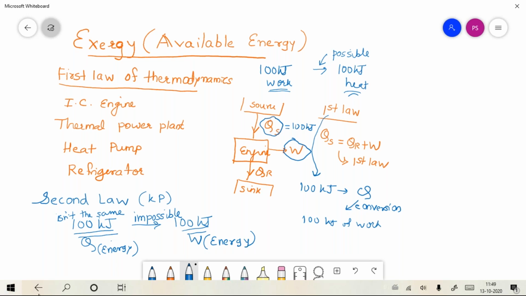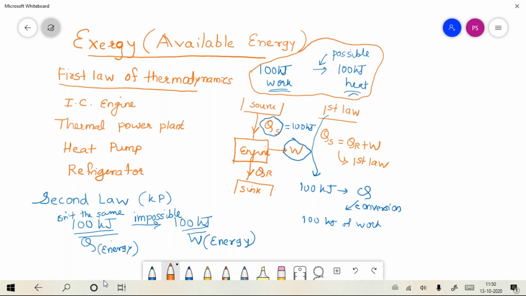Okay, what is the meaning? The first conversion is possible theoretically, meaning the second law does not limit this conversion.